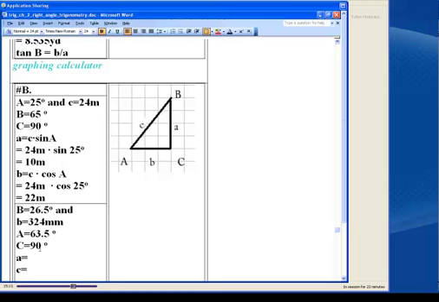Tangent A is A over B. So A is B times tangent A, which of course is the same as 324 millimeters times tangent of 63.5 degrees.